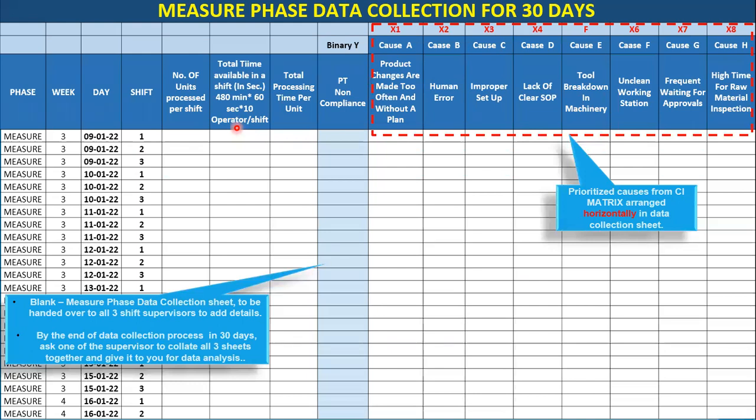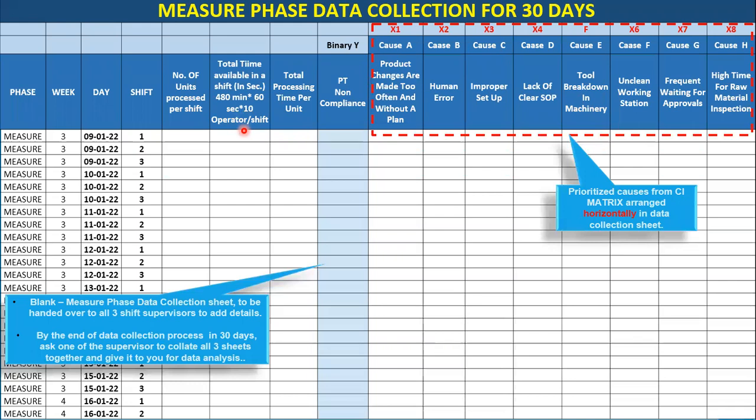What if in a given shift we have 10 resources or 10 engineers working? In that case, we will just multiply it by 10. In this current case, in one shift, 10 team members were working. So 480 minutes into 60 seconds gives us 28,800 seconds as the time available for one individual.